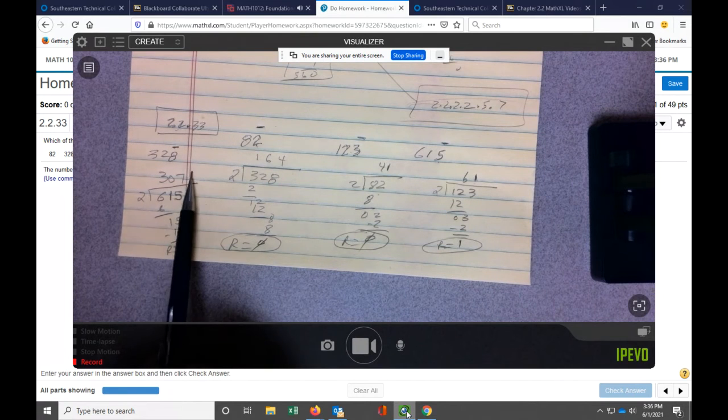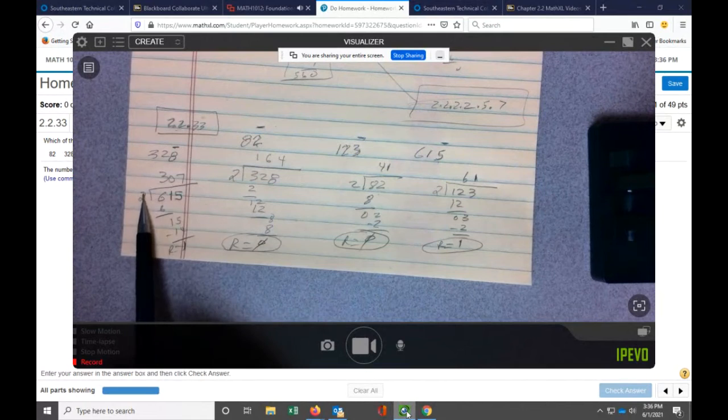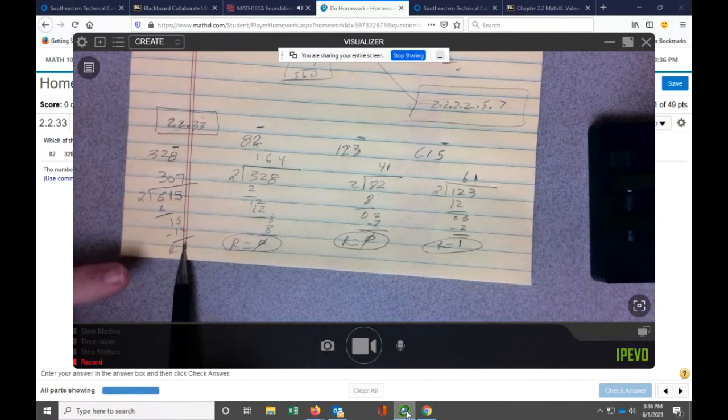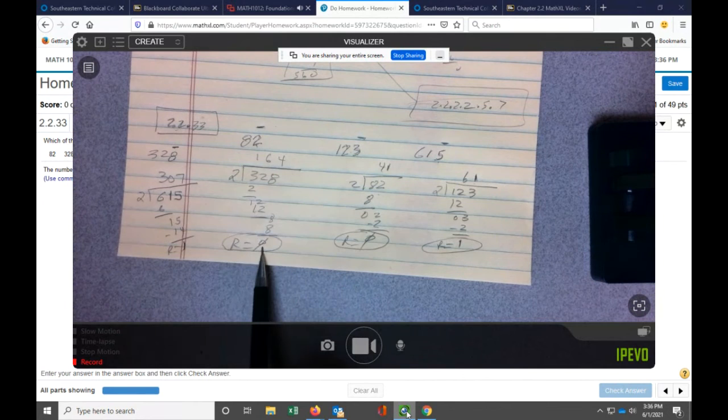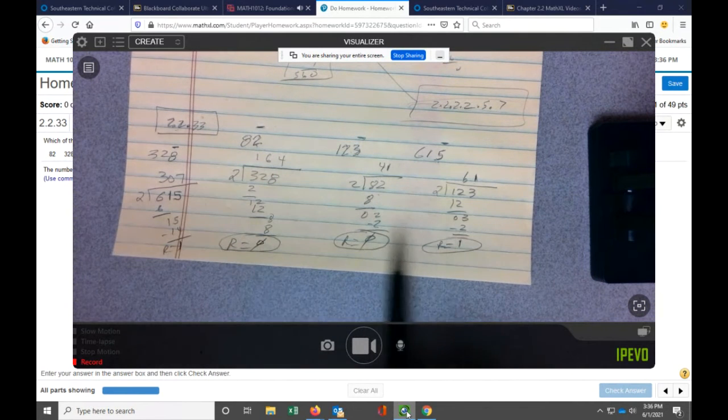Well, I can have, in this case, 307 groups of 2, but I'm going to have 1 left over. Here, I have 164 groups of 2, and I don't have anything left over. And similarly to those 2 problems there.